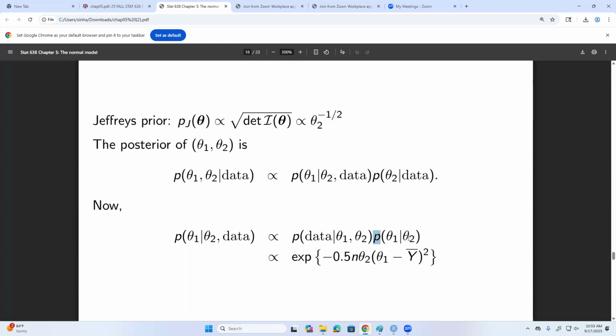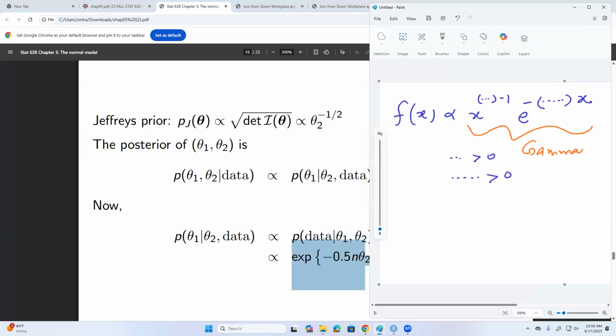So you just multiply here 1, and this is the data likelihood, the observed data likelihood, which is e to the power minus 0.5 n theta 2 (theta 1 minus y bar) square. This one needs a little bit of practice: how do I get from here to here?